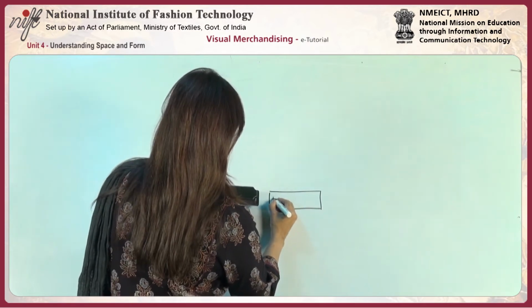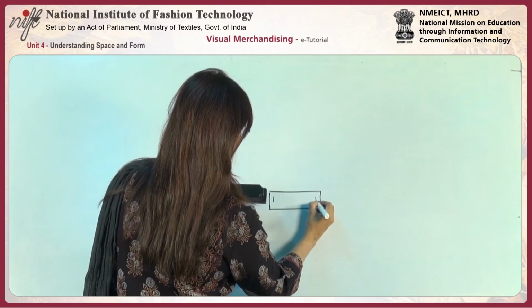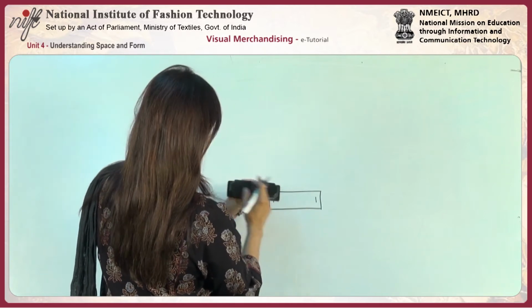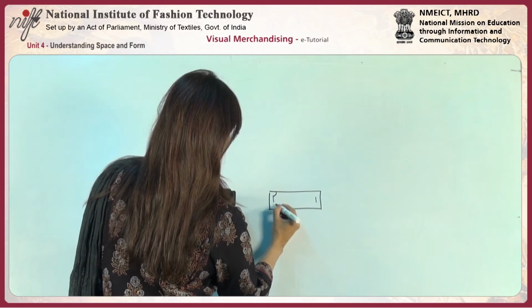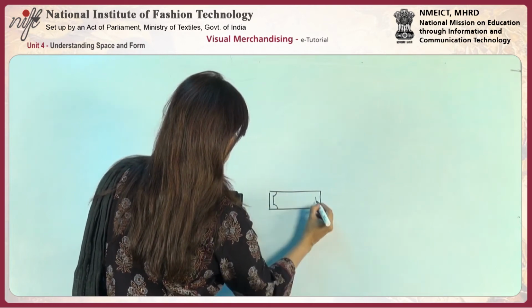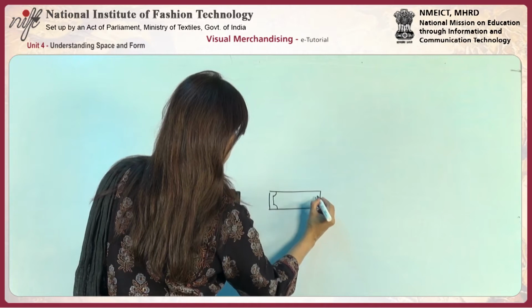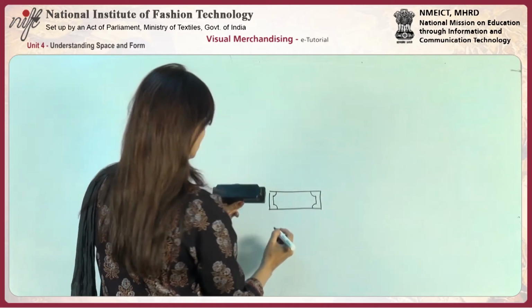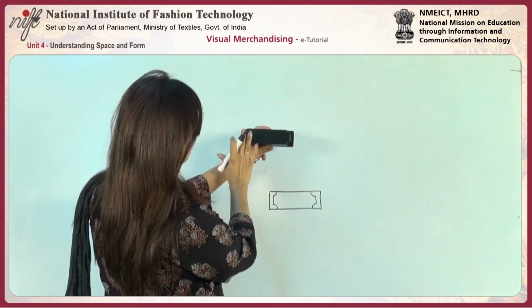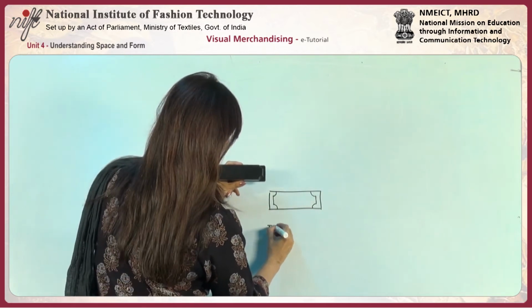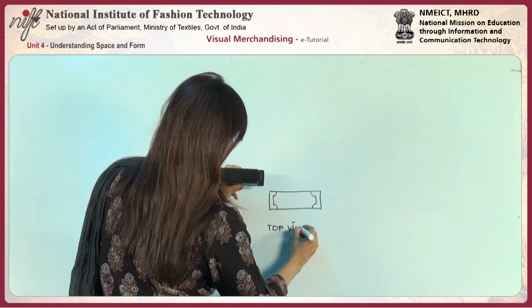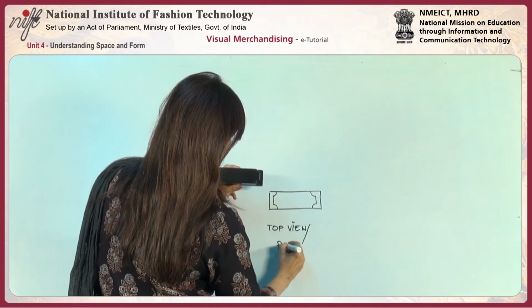Then we have an inner rectangle with a curve at the edge. So this is how our top view of this duster looks. This is our top view or plan.